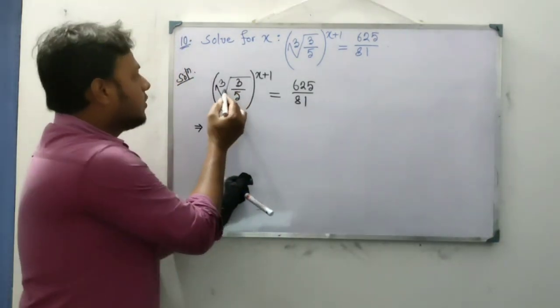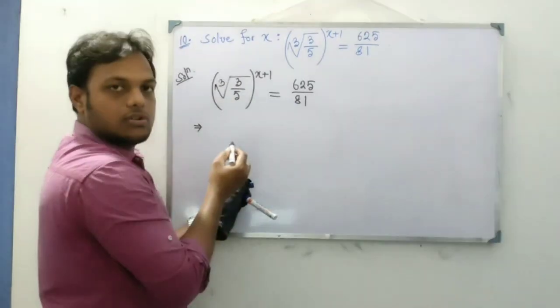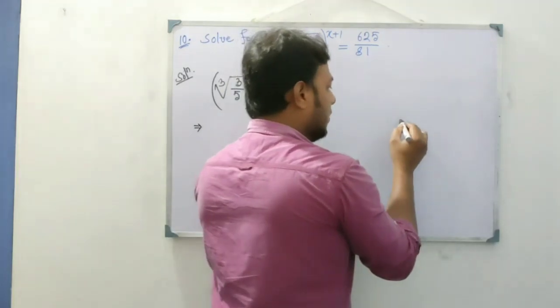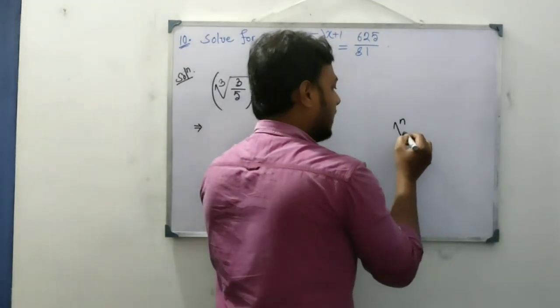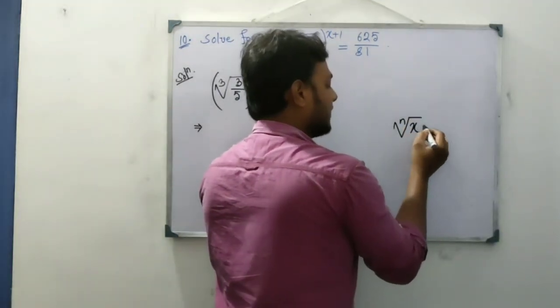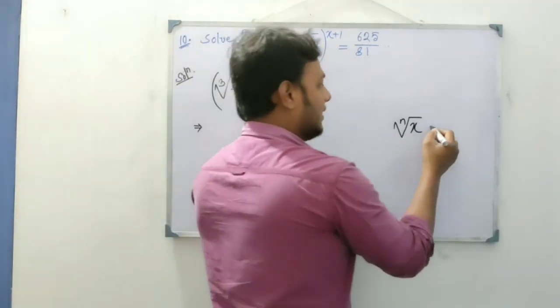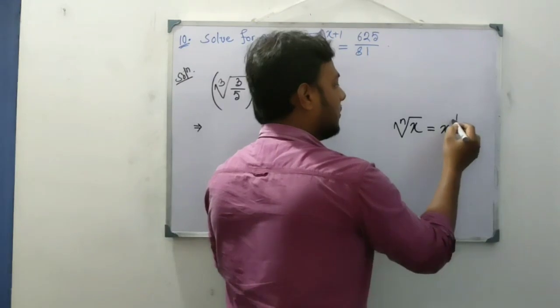First we have to remove this root, and there is a cube root. I told you in my first video that the nth root of x is nothing but x to the power 1/n.